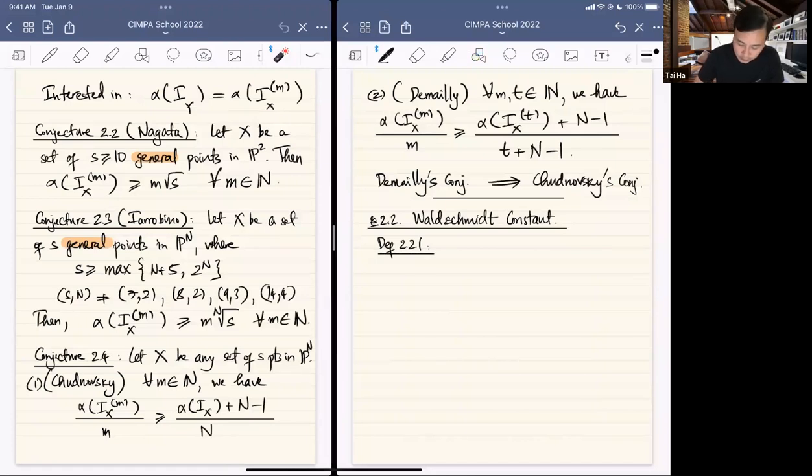So let me write down the Waldschmidt constant of a homogeneous ideal.